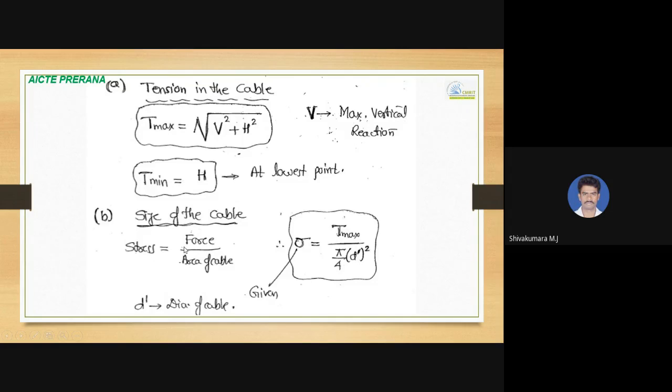So area will be equal to force divided by stress. That is the cross-sectional area we get. And then if a circular cross section is used, pi d square by 4 can be substituted in place of the area of the cable, so that we get the diameter of the cable.